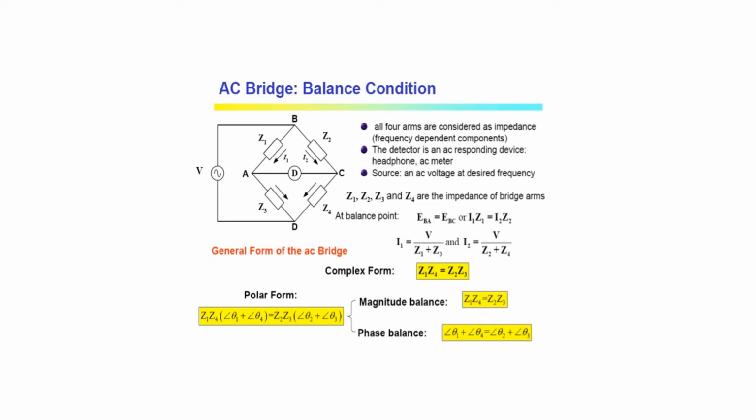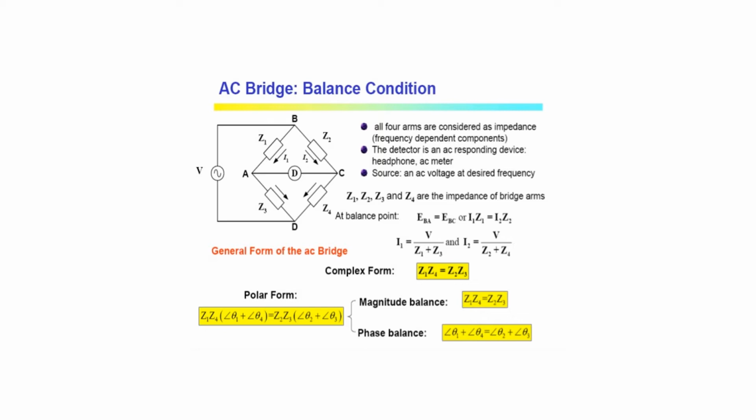So at the point of bridge balance, the voltage EBA will be equal to EBC, or EBA, which is I1 Z1, is equal to I2 Z2. So we can calculate I1 as V by Z1 plus Z3 and I2 as V by Z2 plus Z4.